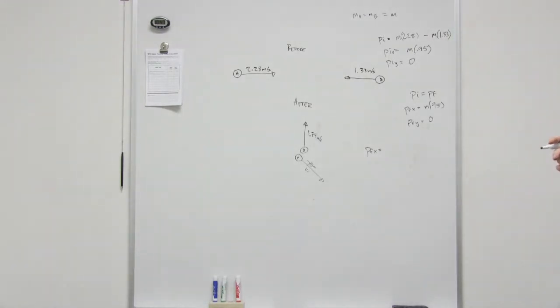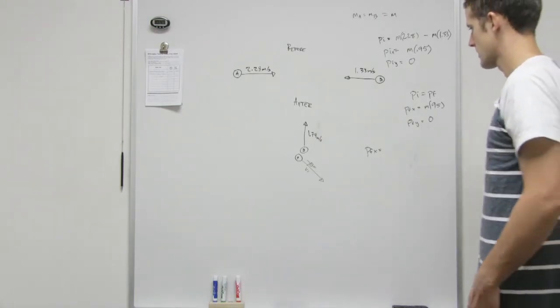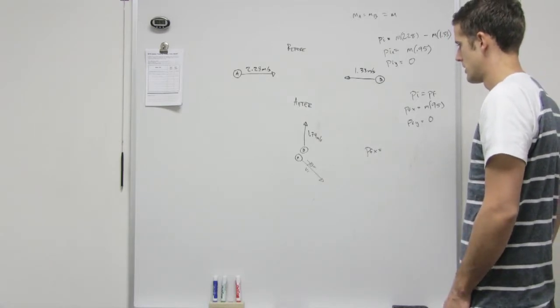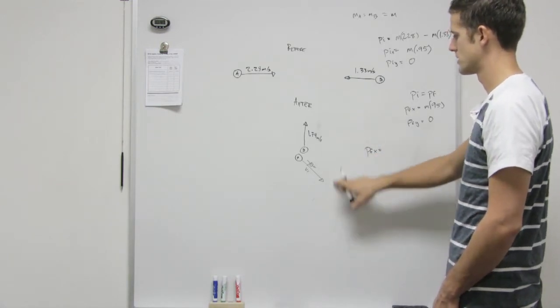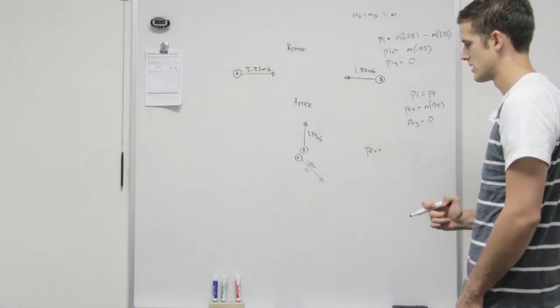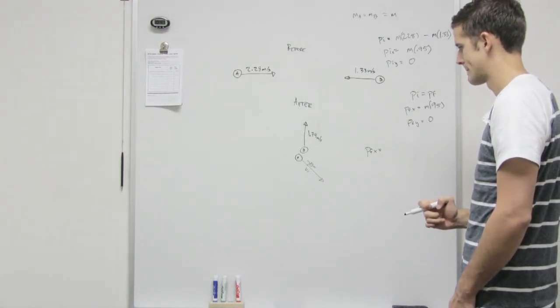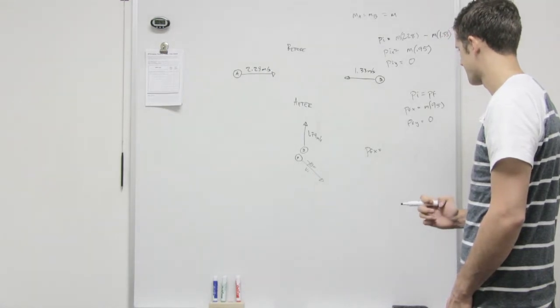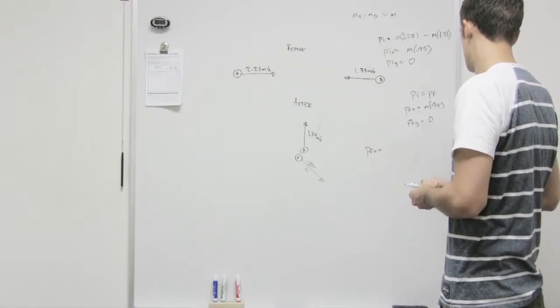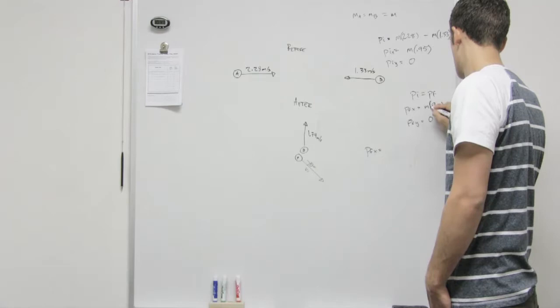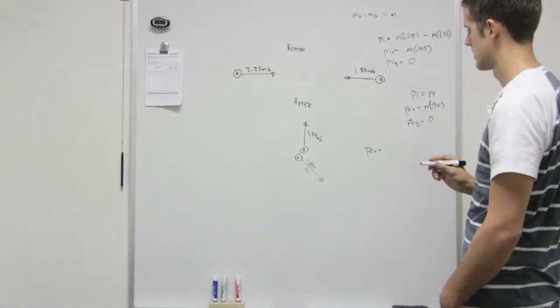For the final momentum in x, you just want to look at the x components. A is the only one that has an x component.